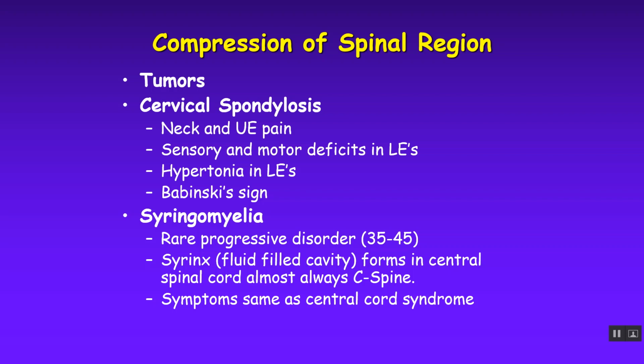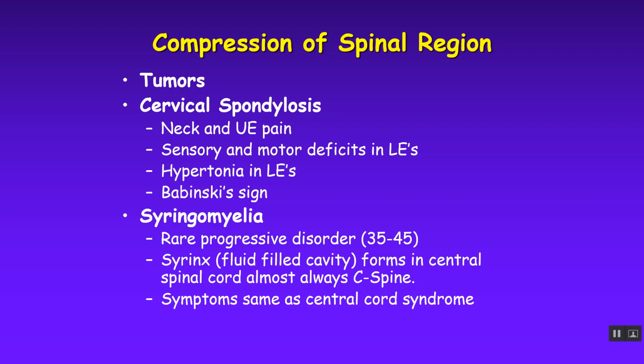With cervical spondylosis, you get osteophytes and little protrusions around the foramina or around the lips or edges of the vertebral bodies, and they can impose on the spinal cord or the nerve roots coming off. Neck and upper extremity pain, sensory motor deficits, hypertonia in lower extremities. You can get a Babinski sign. This is where the narrowing actually starts to compress those vertical tracts. They're not totally damaged, but as we start compressing those vertical tracts, we eventually start exhibiting some of these upper motor neuron signs.